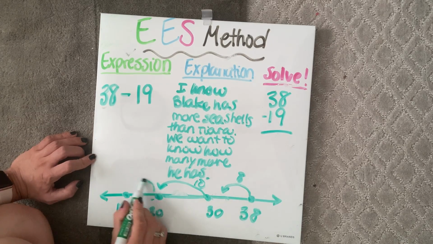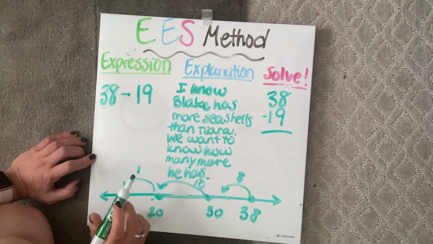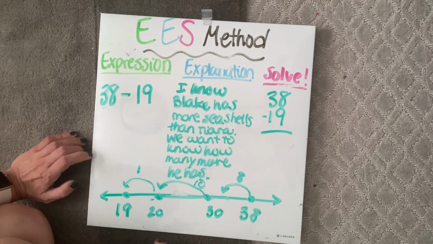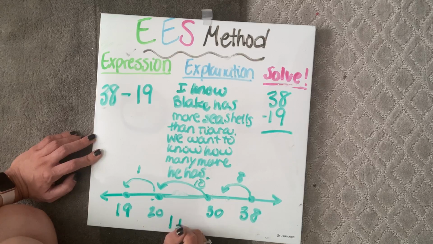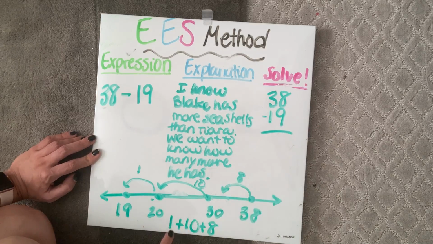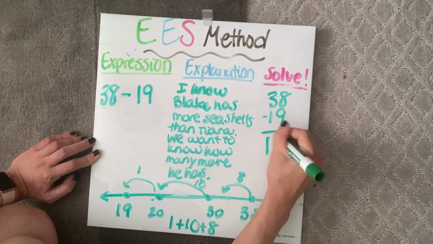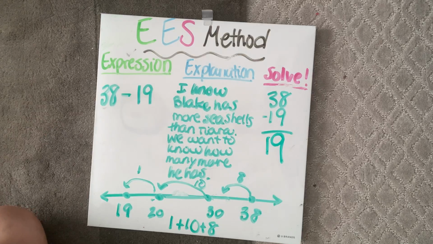And then 20 and 19, that's only 1 space. So now I just need to add up all of my spaces. So 1 plus 10 plus 8, 1 plus 10 is 11, plus 8, it's 19. Or you could do expanded form or whatever method suits you the best.